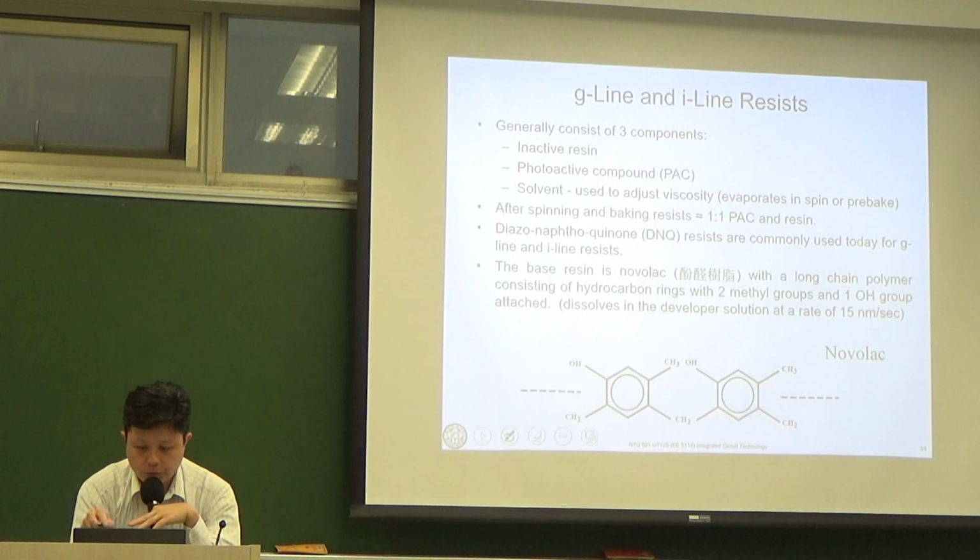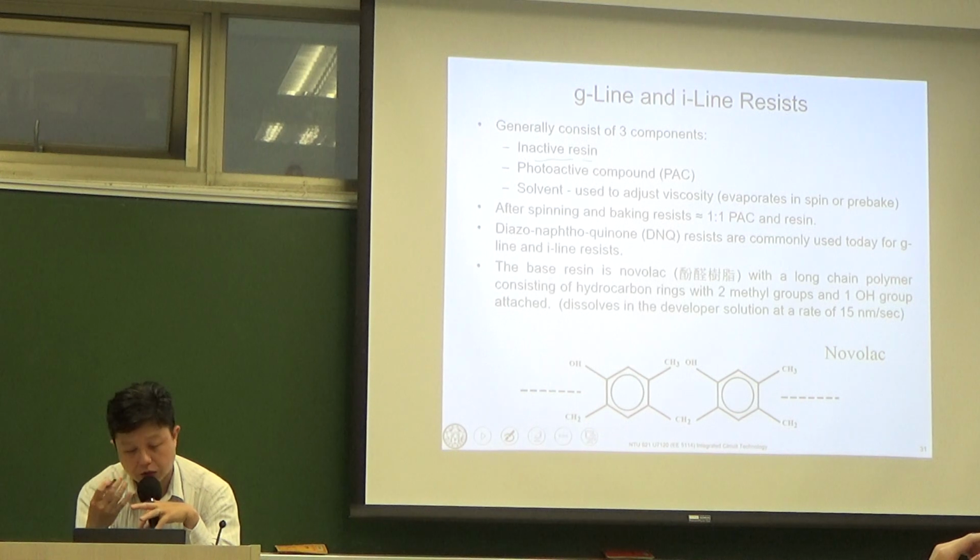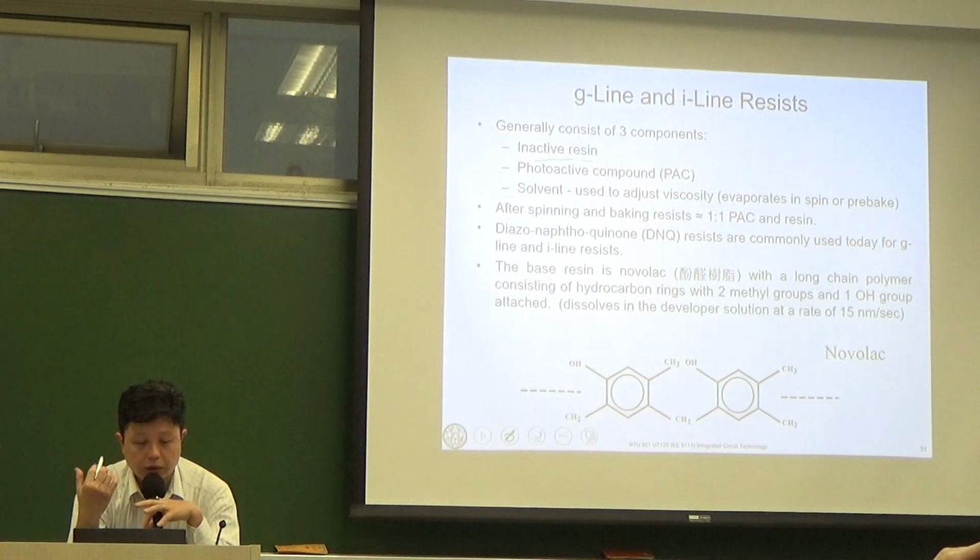Okay, so now we'll introduce this G line, I line resist first. In the resist, it generally consists of three components. The first one is the active resin. That's the fundamental composition in your photoresist.